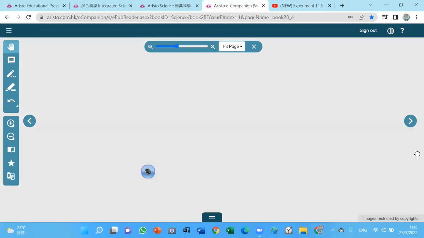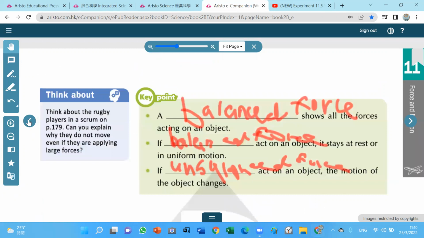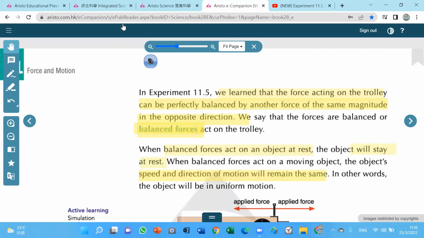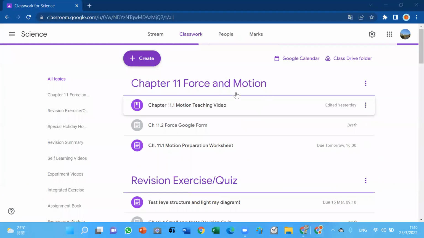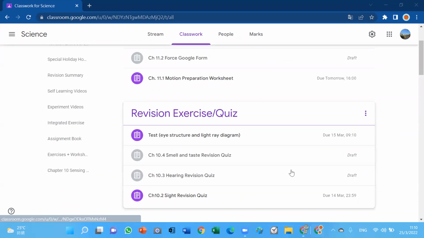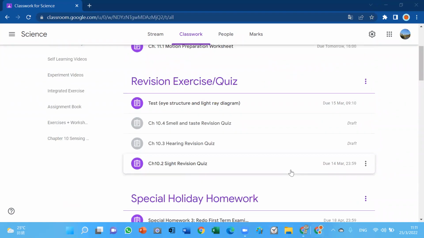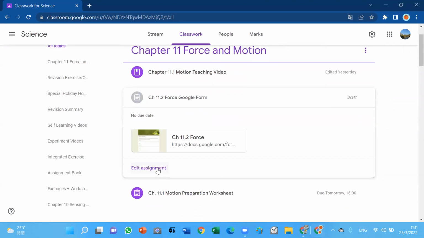Okay, so I've already covered 11.2 force. So we have some homework to do today. I would like you to complete the force Google form.